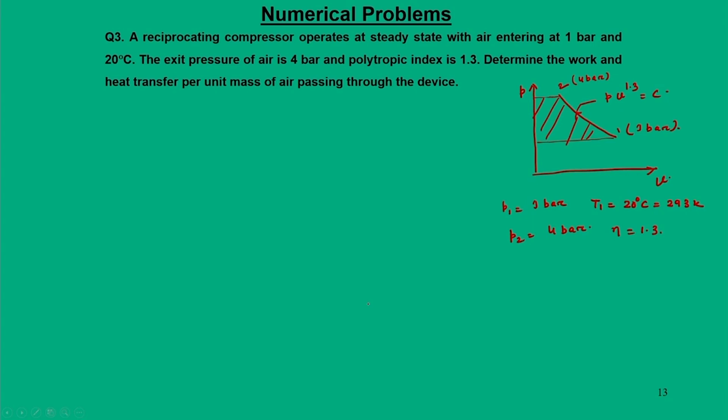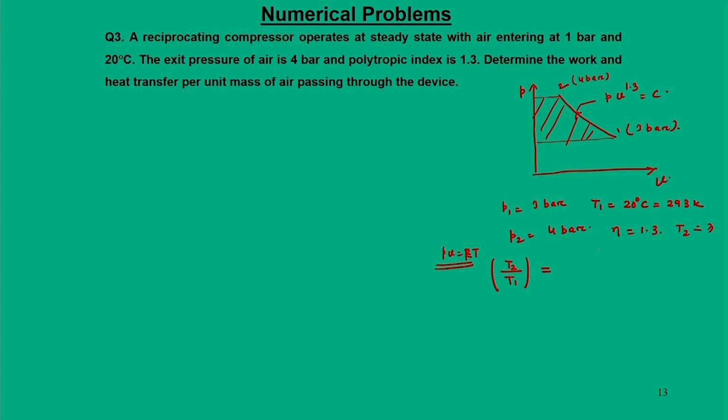So, we recall our attention to these equations, that is we also require T2 which is not known. So, you can use this equation, T2 by T1, for an ideal gas, that is with P v to the power 1.3 constant and P v is equal to RT.